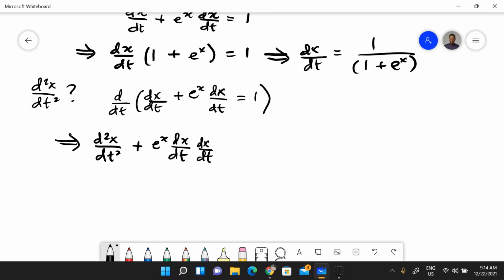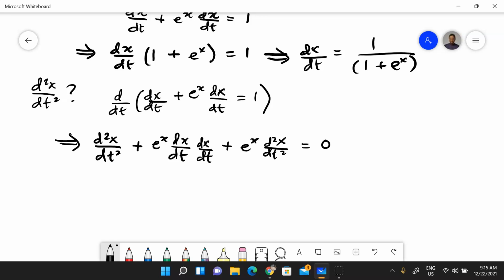The next thing we need to do is, just now we differentiated e to the x, now we differentiate the other factor. So we get plus e to the x, which is the factor that we leave behind over here, and then differentiate dx/dt, and then you get d squared x/dt squared, and on the right hand side it is just going to be 0.